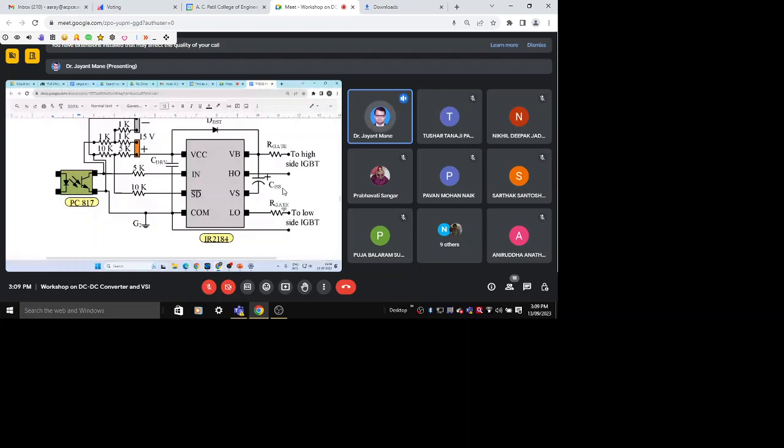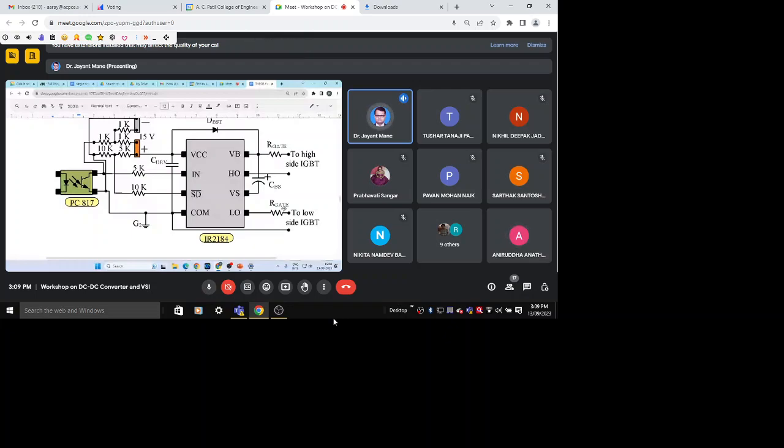So this capacitor is called the bootstrap capacitor. Current flows when the switch is connecting this inverter, this and HO2 high side switch, and this capacitor will supply energy to the high side switch. At the LO terminal, the lower IGBT.